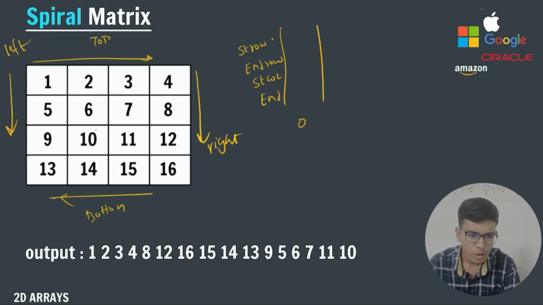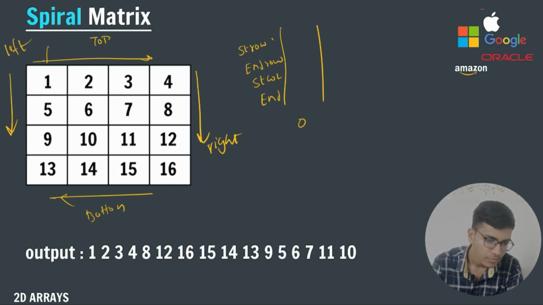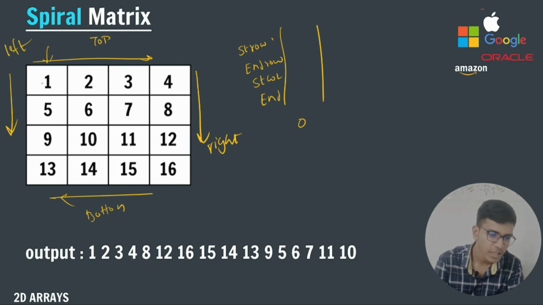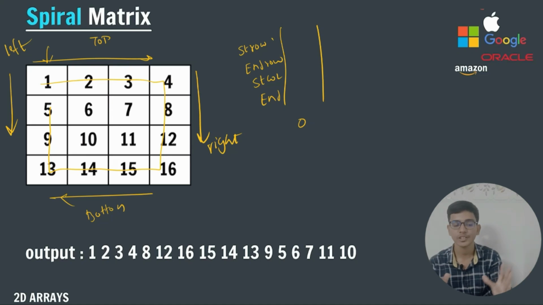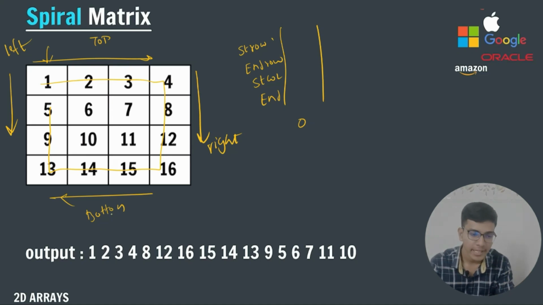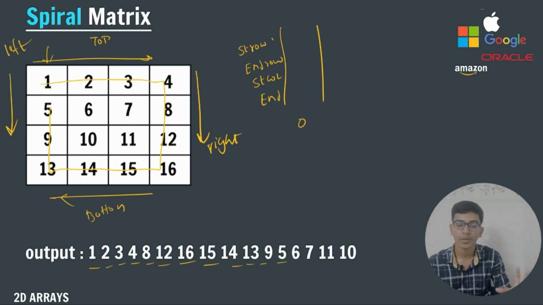Now at the 0th iteration, you can see that this is my first loop, or in other words, my first spiral. In the first spiral what I am printing is 1, 2, 3, 4, 8, 12, 16, 15, 14, 13, 9, 5. These are the elements that I am printing in my first iteration, or first spiral.